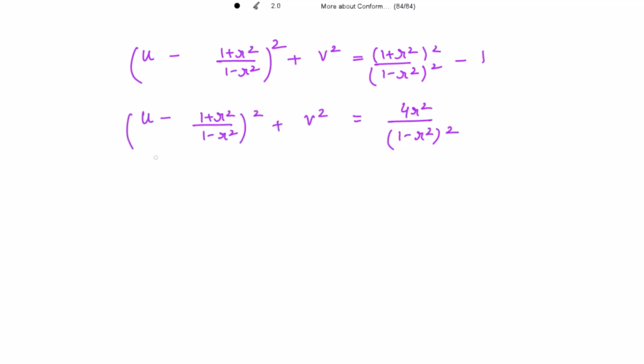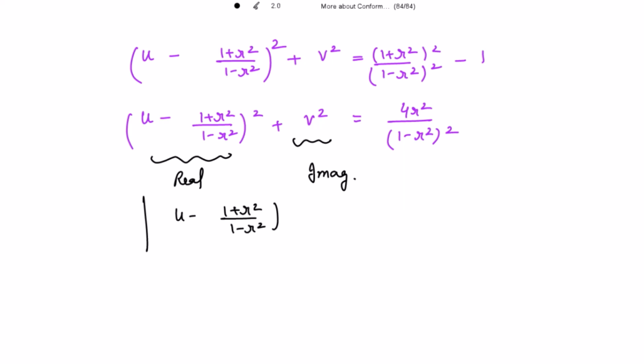If I consider this to be my real part and this to be the imaginary part, can I write this as mod of u minus (1 plus r square over 1 minus r square) plus iota v, and also the square, because of the square root? Can I write it like this? Yes? Okay. Why?